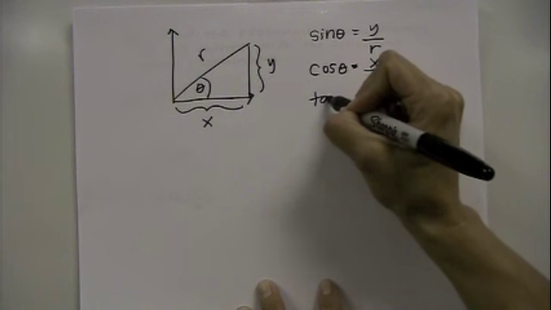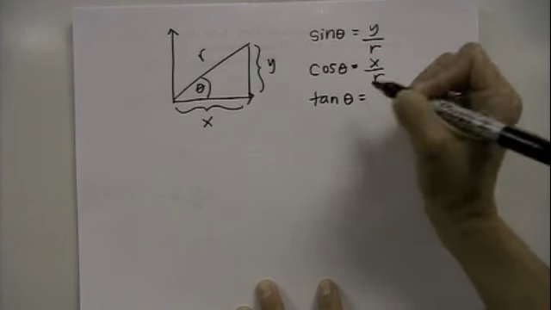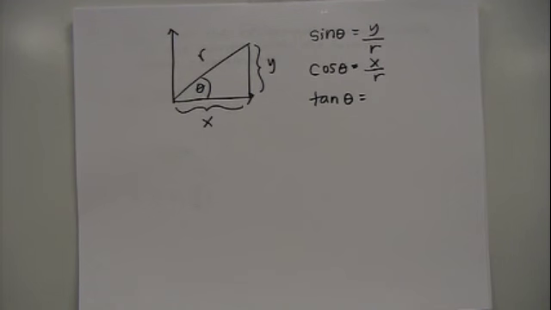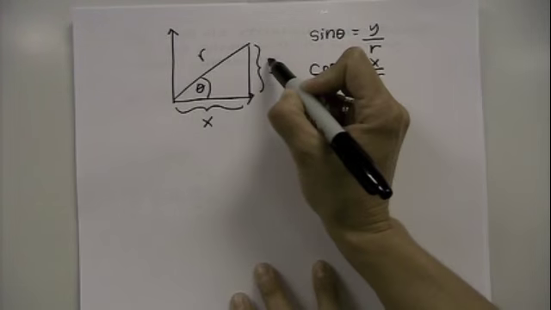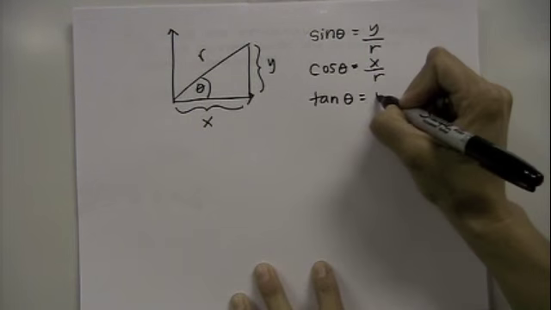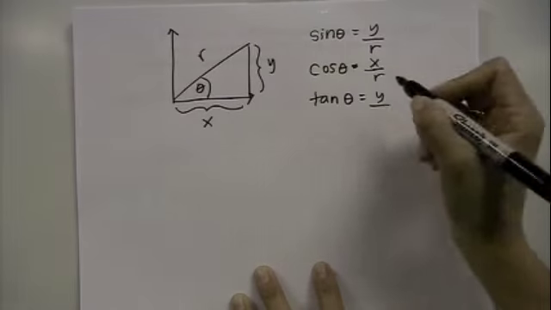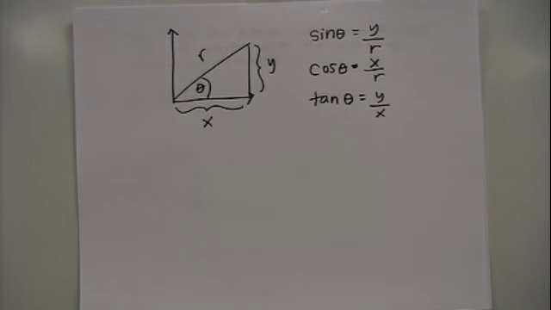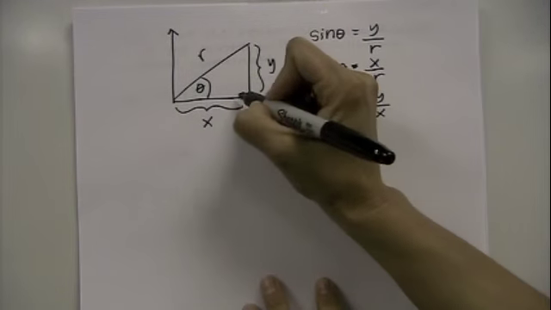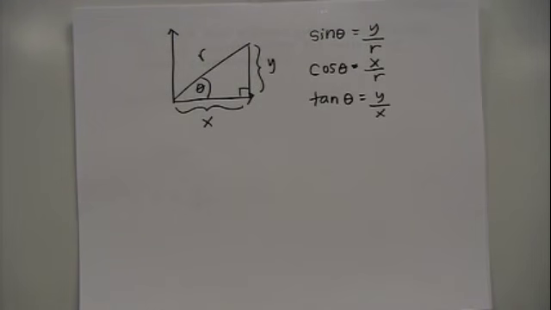And then finally my tangent of theta by SOHCAHTOA would be opposite over adjacent, so my opposite with respect to theta would be y, and then my adjacent is x. I should probably label this a right triangle.